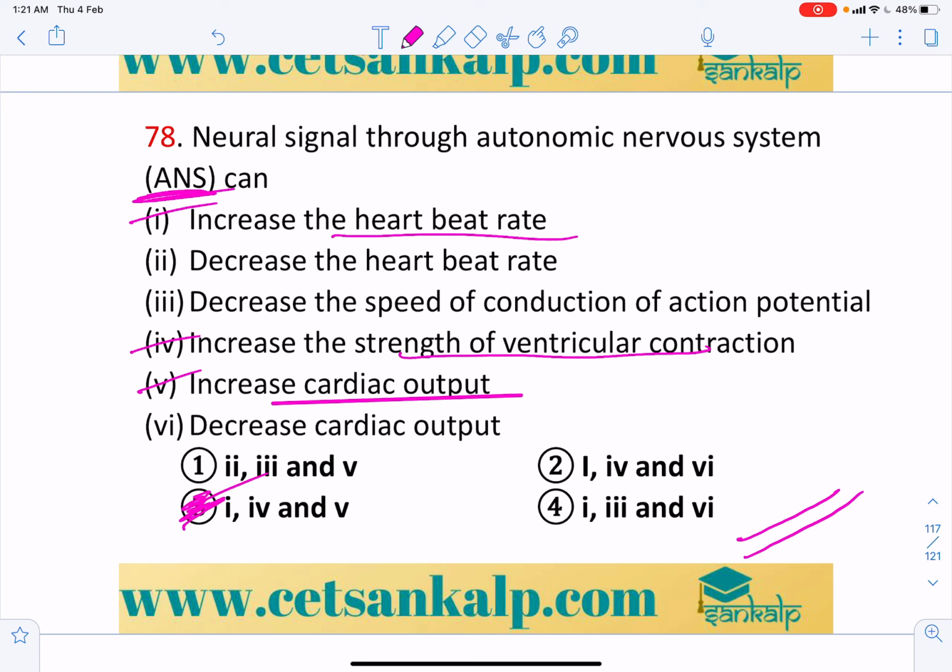All the others are the parasympathetic nervous system. So whenever the regulation comes up, you should keep in mind the heartbeat and the functions controlled by these systems. Next question.